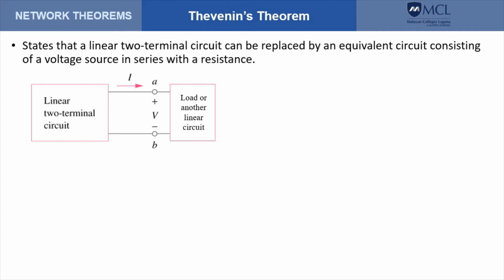So let's say we have a linear two-terminal circuit, and we know that a linear circuit means that it has to satisfy two properties, and that is the additivity property and the homogeneity property. And out of that linear circuit, there are two terminals.